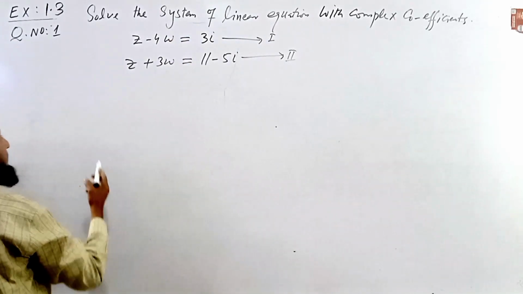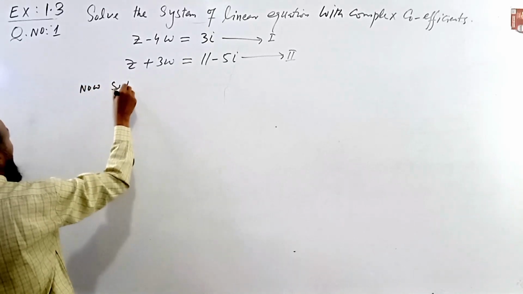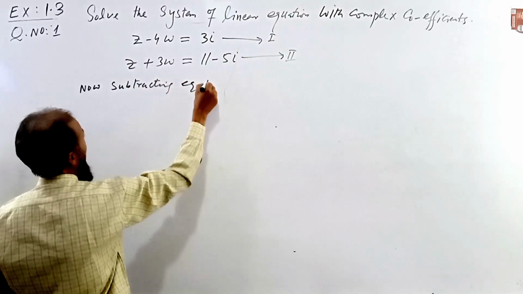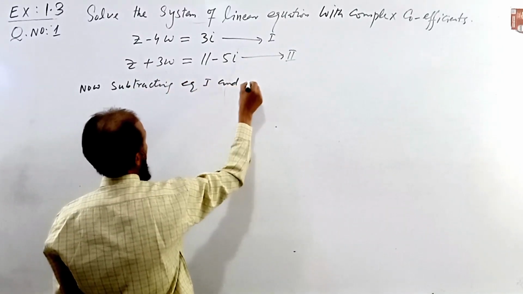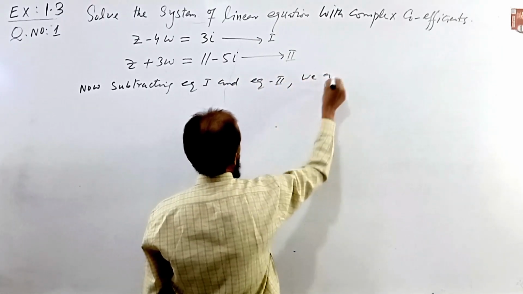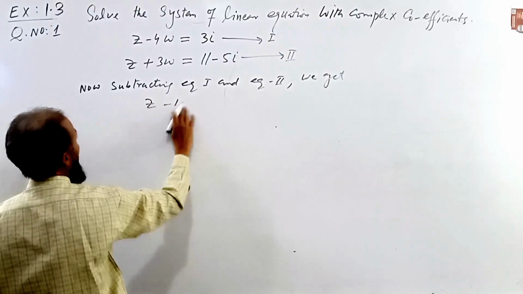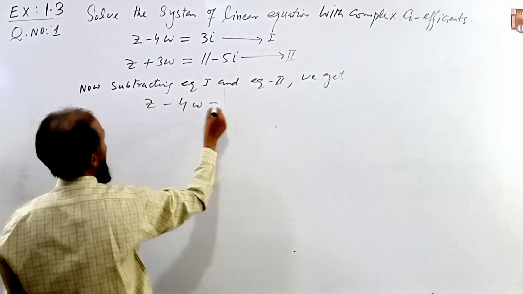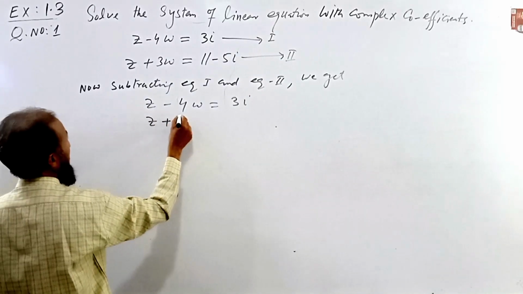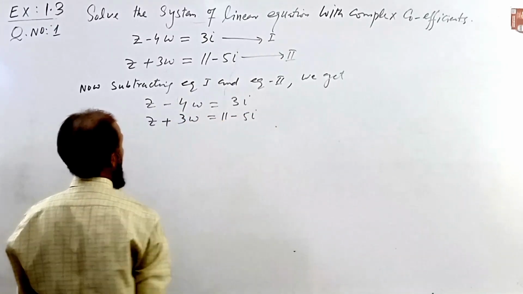Now subtracting equation 1 and equation 2, we get z minus 4w, 3 iota, z plus 3w is equal to 11 minus 5 iota.